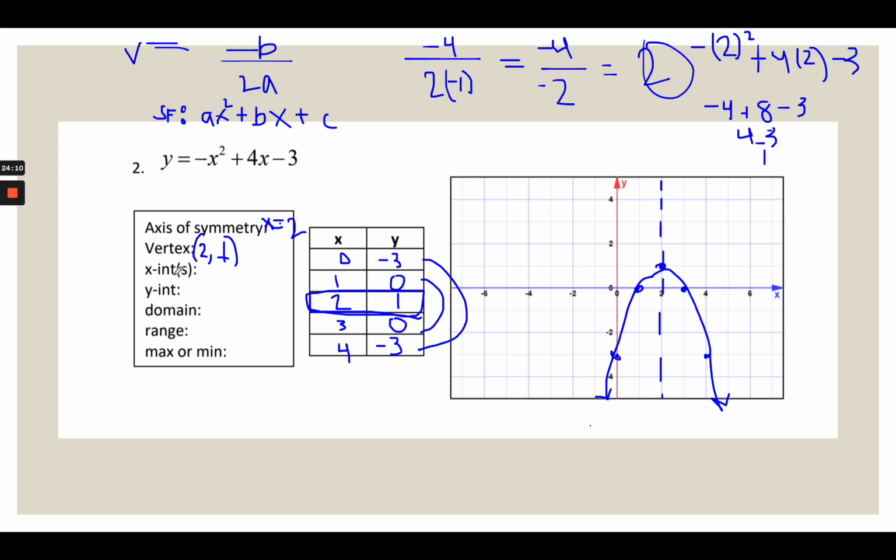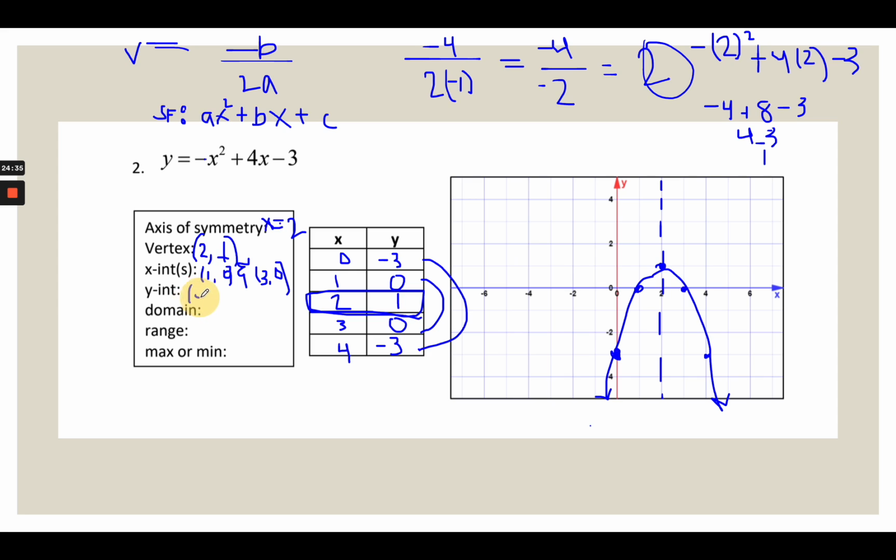So here we have a point at 1, 0 and 3, 0. Okay. Our y-intercept is where our graph hits our y-axis, and we can actually see that point right here. So that is 0, -3.